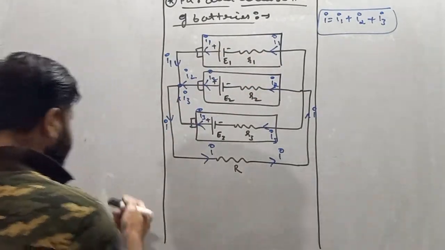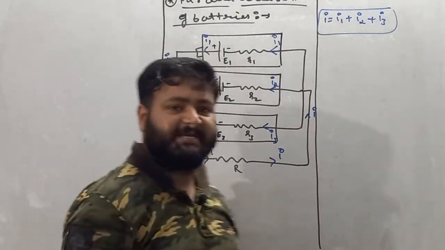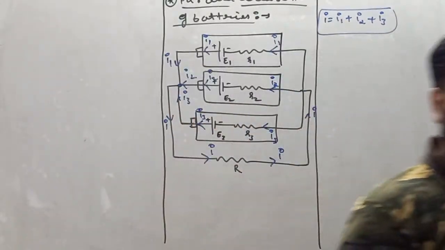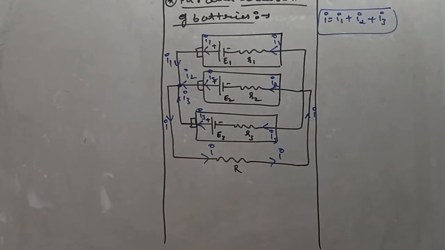Now my dear student, we have to apply Kirchhoff's second law to find the current, because we know that with the help of Kirchhoff's second law, we get the equation of current.